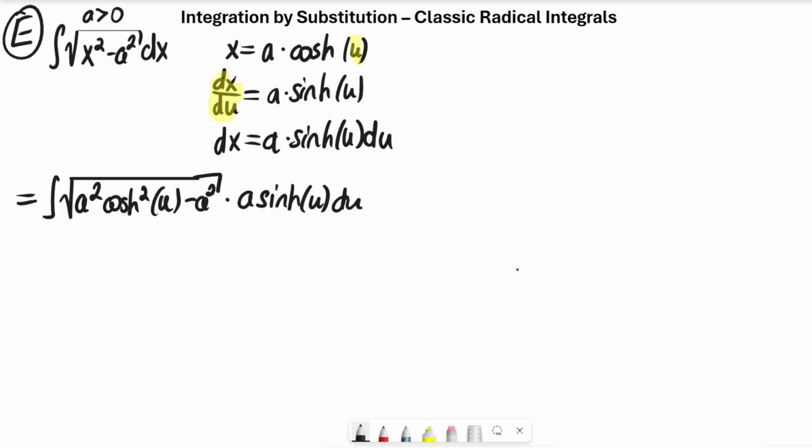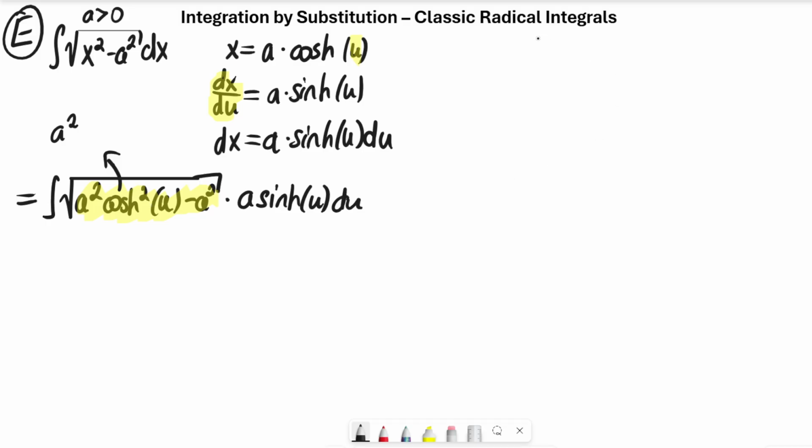Okay, so what do you see here? Inside, if you pull out the a squared, what does it mean? It is actually a squared. Let's recall the hyperbolic rules first.